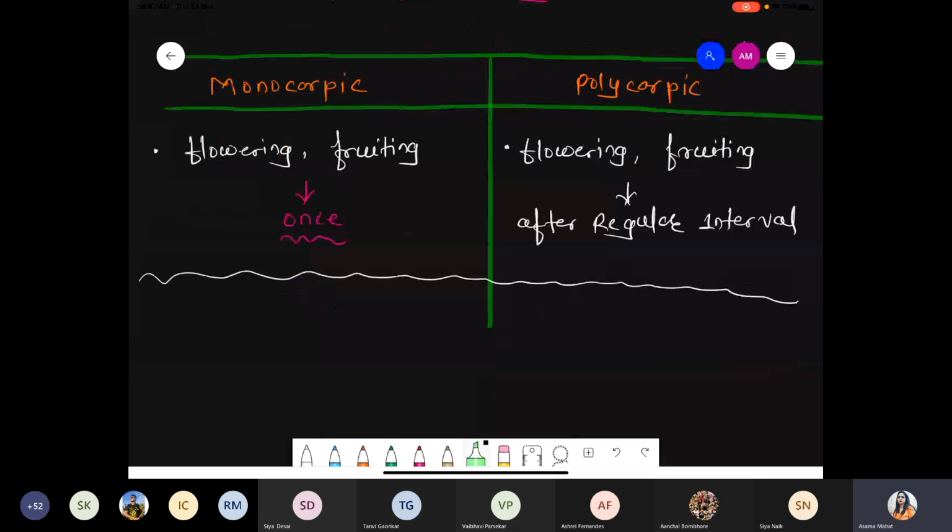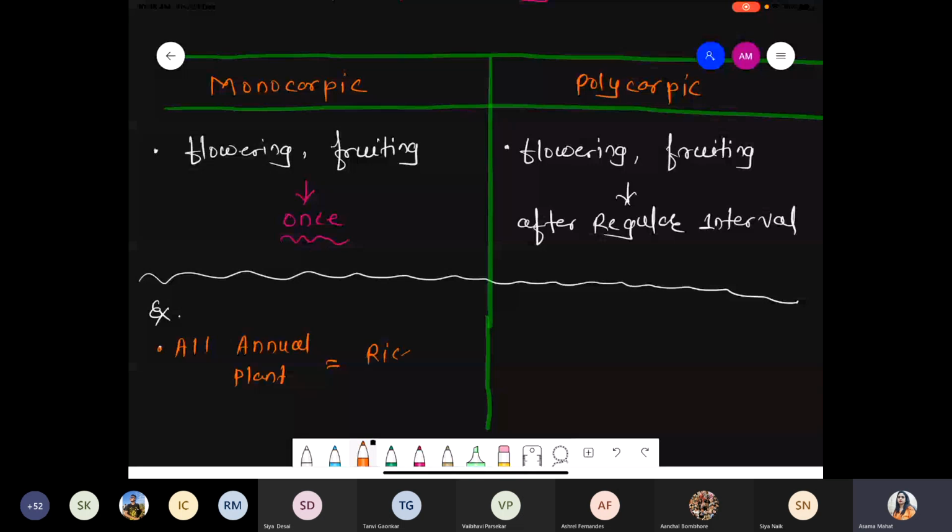वो first point. Number second point, when we are talking about monocarpic condition, this is very important, you have to remember examples. In case of the monocarpic condition, first one, all annual plants, these are the examples, and you can write them down.